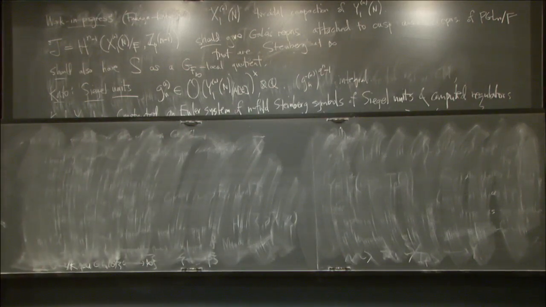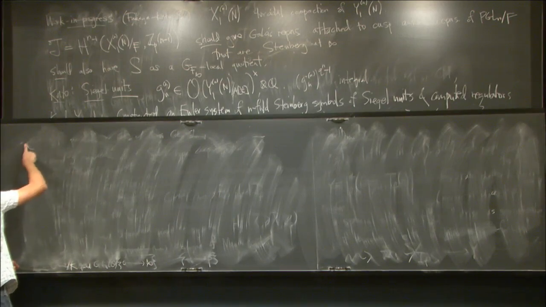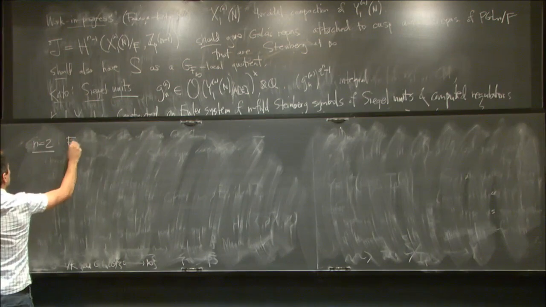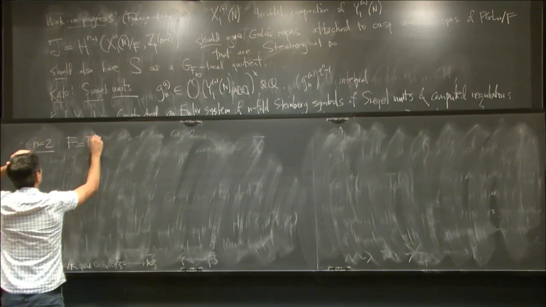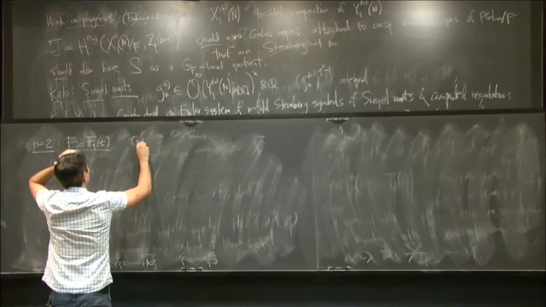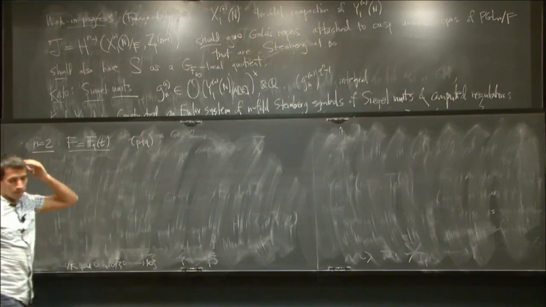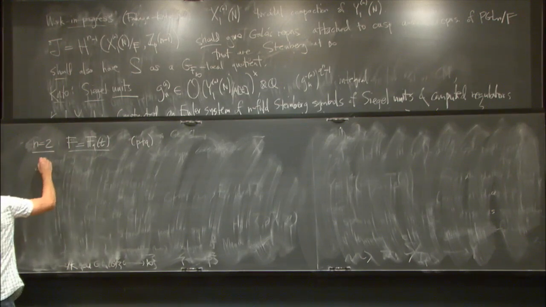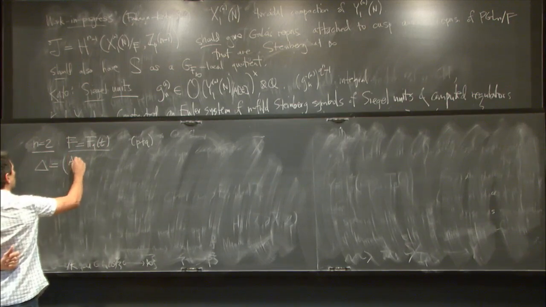So let's talk about n equals 2, F equals F_q(t). And now here p does not divide q. In this case, everything is very nice and behaves very well.